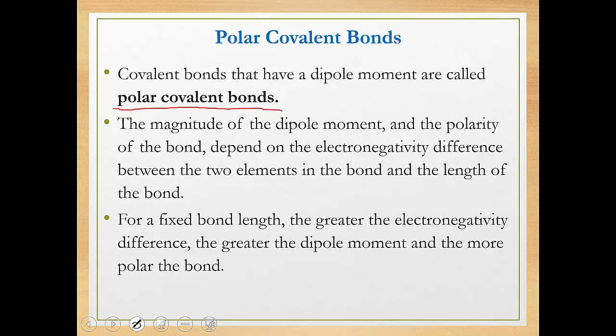Okay, so if I know the electronegativity of one atom and the electronegativity of the other, the bigger the difference between those, the bigger the dipole moment, the more polar the bond. Okay, the length of the bond also has a little bit to do with that. So for a fixed bond length, the greater the electronegativity difference, the greater the dipole moment. Okay, so there's your takeaway right there.